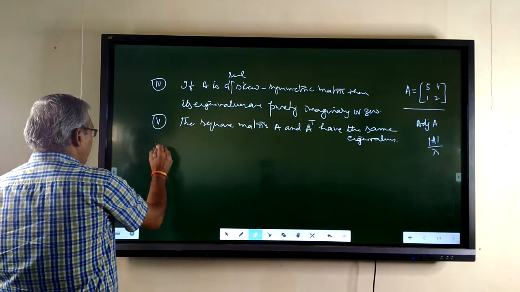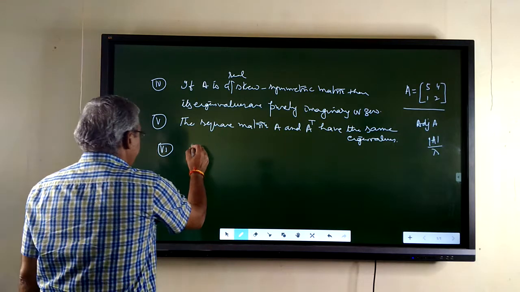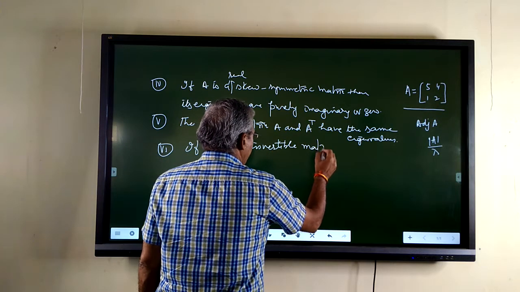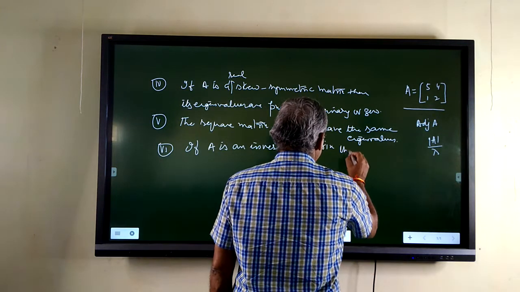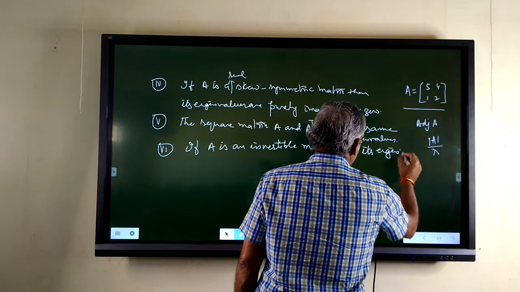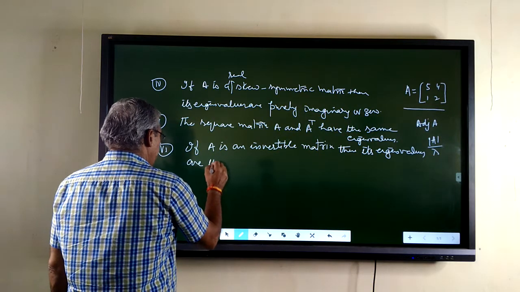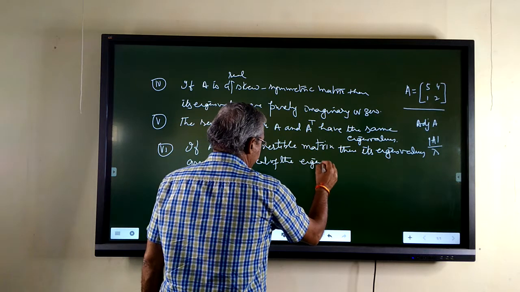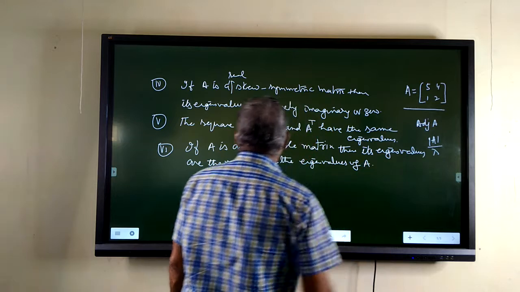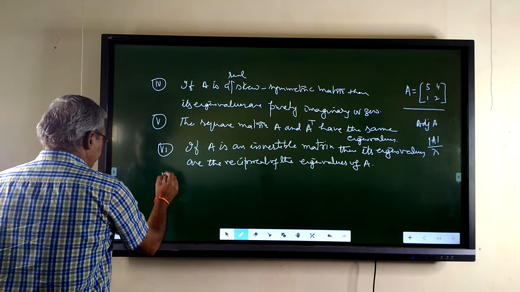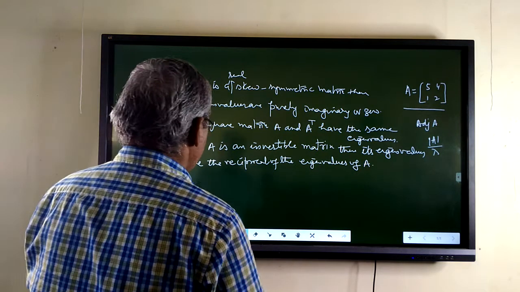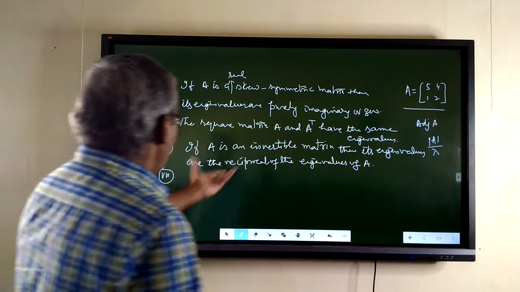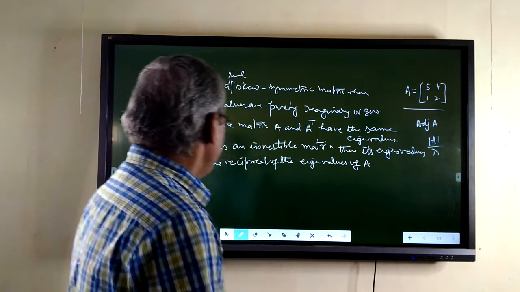Sixth property: if A is an invertible matrix, then its eigenvalues are the reciprocals of the eigenvalues of A. These are common properties of the characteristic roots of the given matrix.